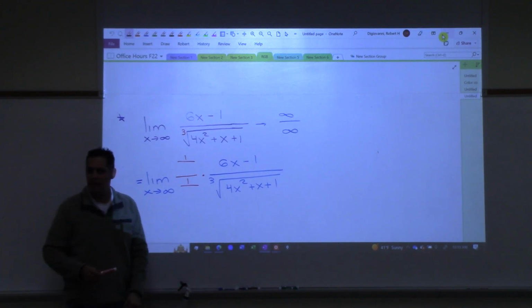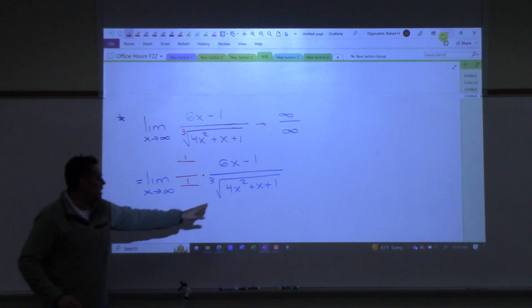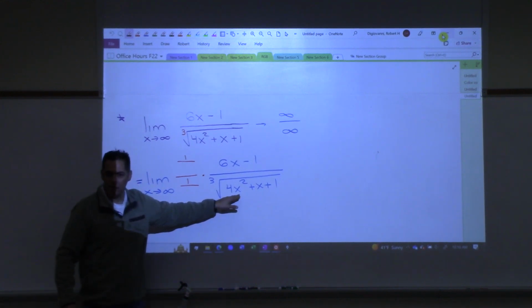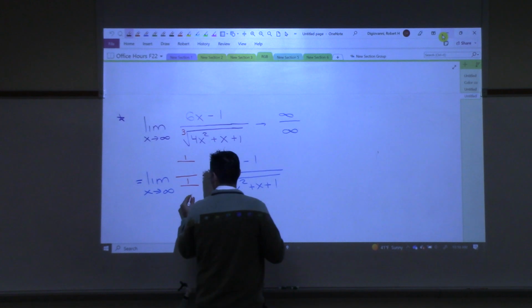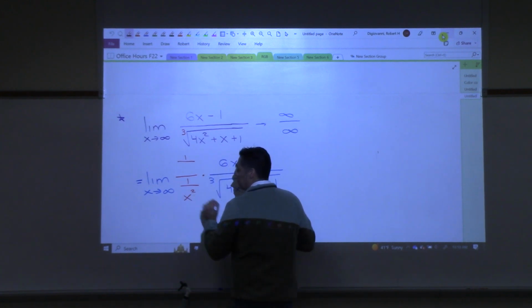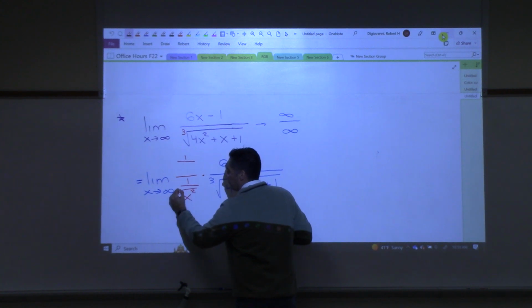We want it to go away. So I want to make sure it's on the bottom. At the end of the day, I want an x squared to go under that, right? X squared on the bottom. But I know it's going to get cubed on its way in. So just watch what I do. I'm going to do x squared, which is what I want, but then I'm going to take the cube root of that.